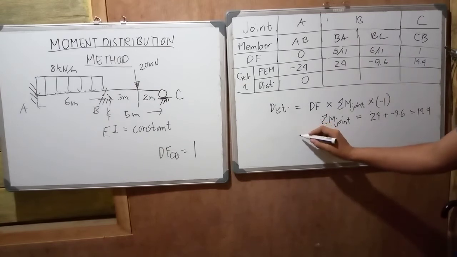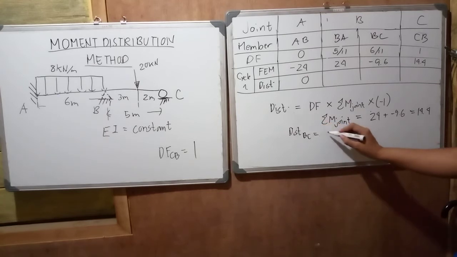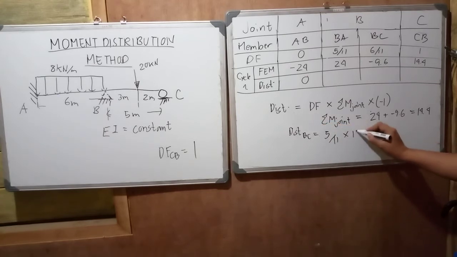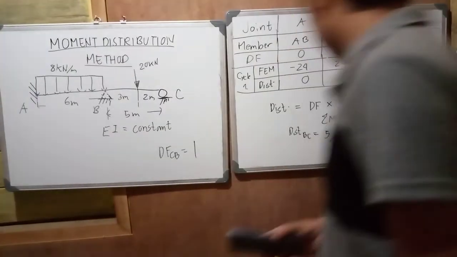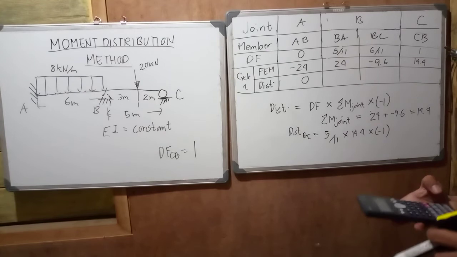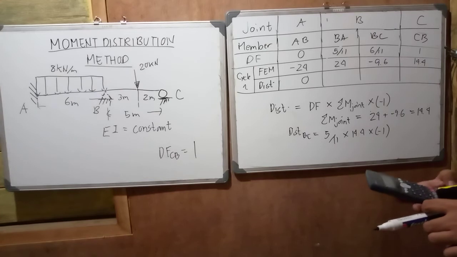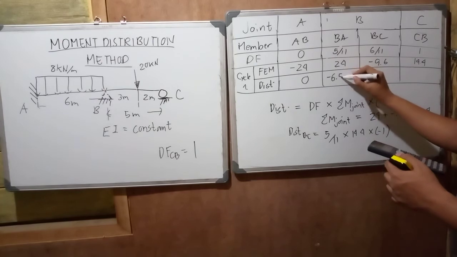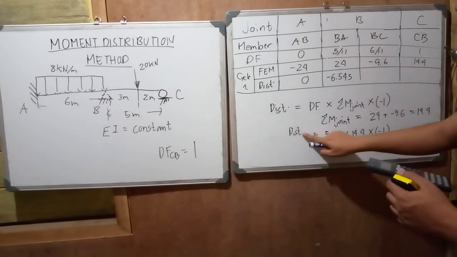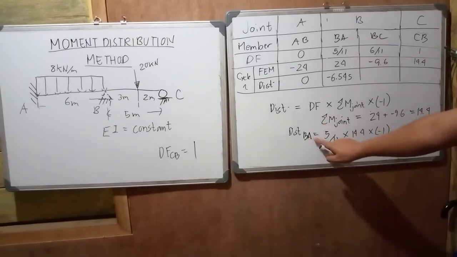So, kay BA, yung DF BA natin is 5 over 11 times 14.4 times negative 1. Okay? So, i-multiply natin yan. So, 5 divide 11 times 14.4 times negative 1 equals, okay, negative 6.545. Kay BA pala to, sorry, BA to ha. Yun yung pag-compute kay BA.